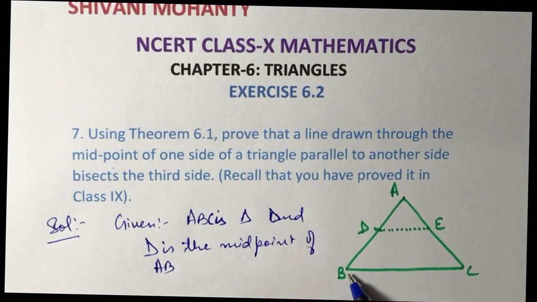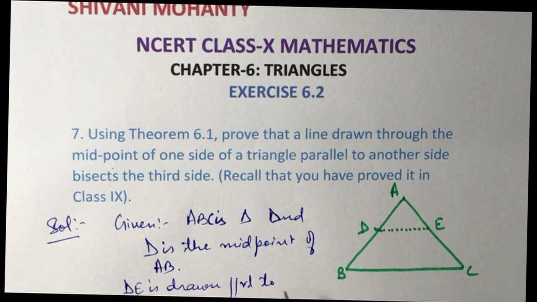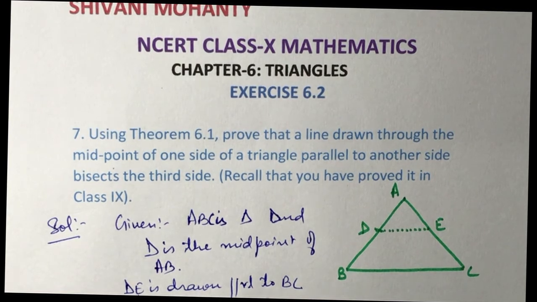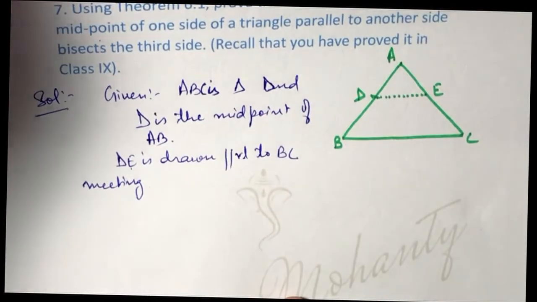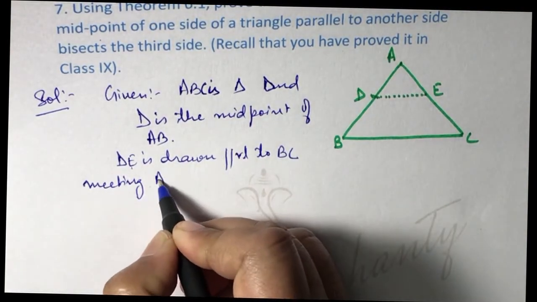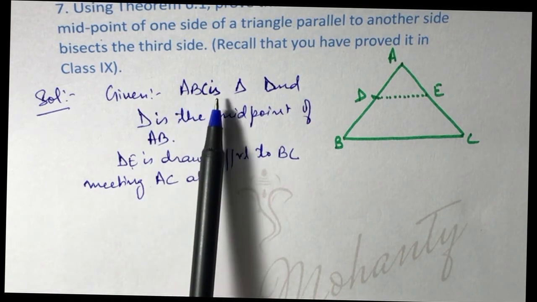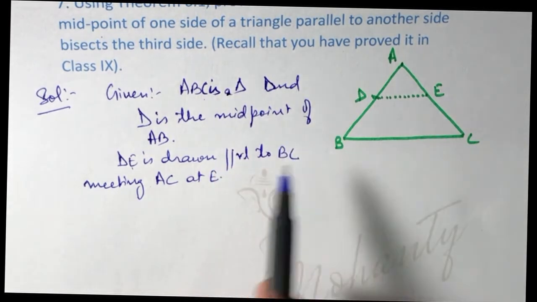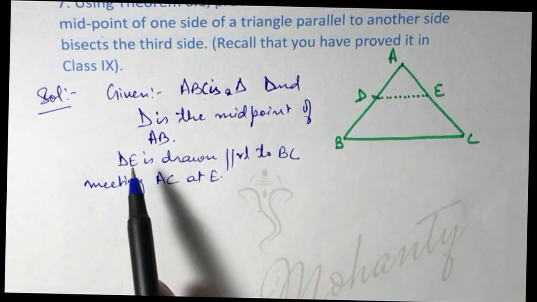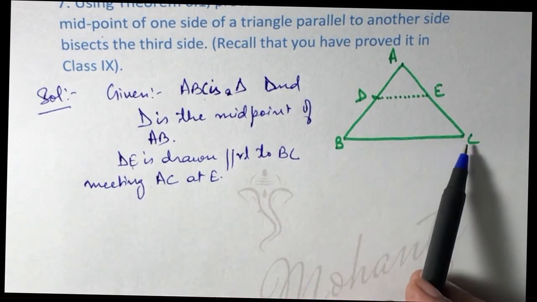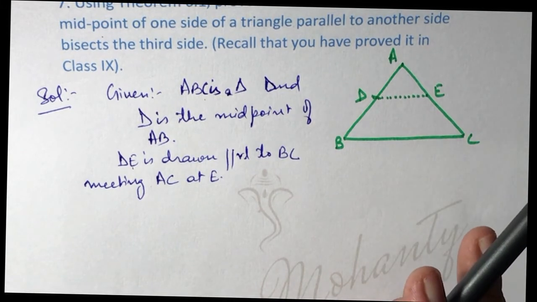Third, DE is drawn parallel to BC, meeting AC at E. I'm repeating once again what is given: ABC is a triangle, D is the midpoint of AB, and DE is drawn parallel to BC, meeting AC at E.